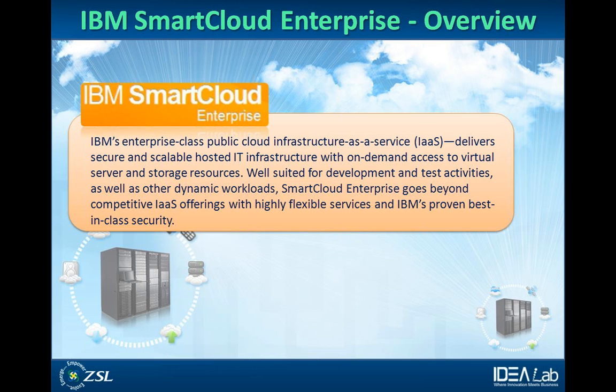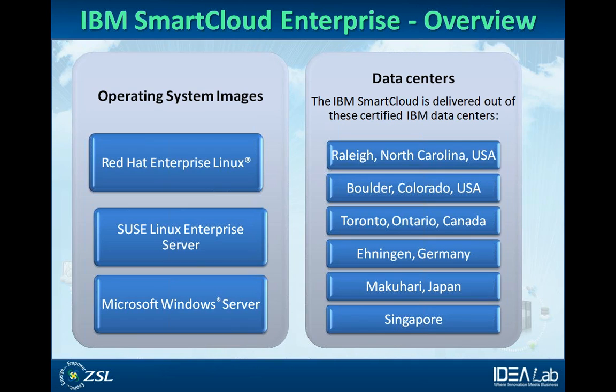And the Smart Cloud Enterprise goes beyond by being able to provide flexible services, and IBM's world-class security, both physical security and network security, and their own unique facilities that they have around the world.